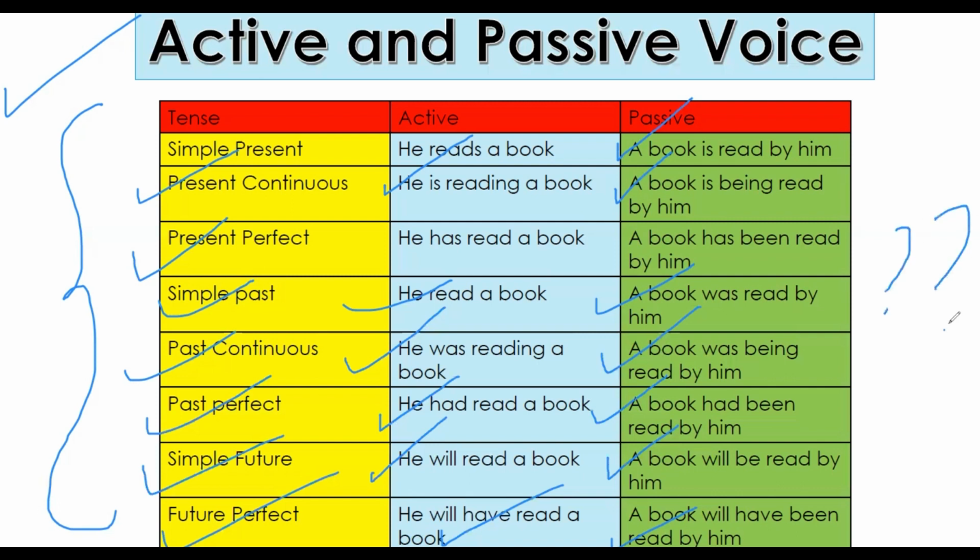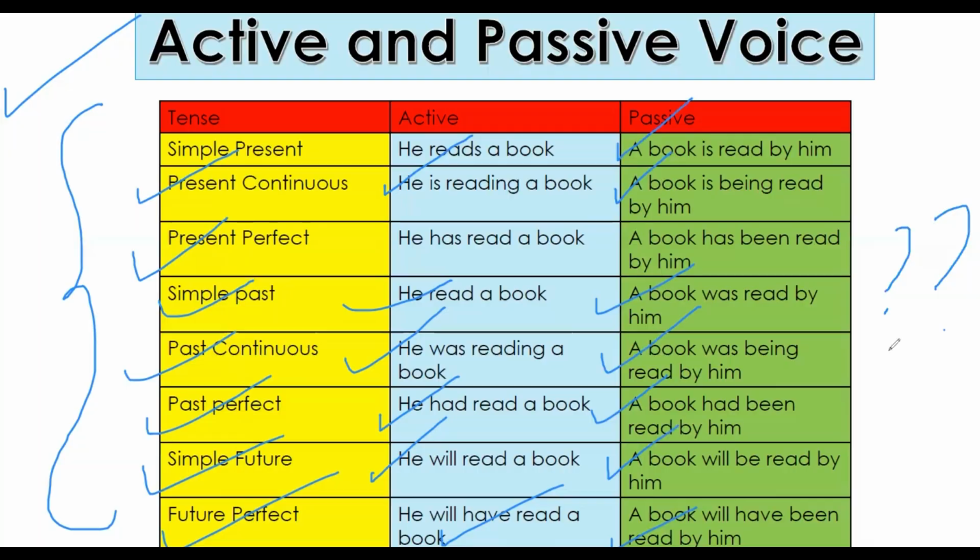There must be a question in your mind. So the secret is that for these tense structures, passive form is not possible. And that's the reason I have not given a passive example of these sentences. So, therefore, learn the table as quickly as you can so that you can score full marks in active and passive voice.